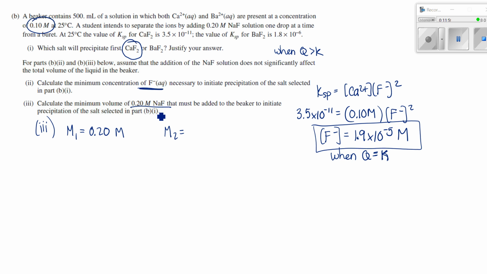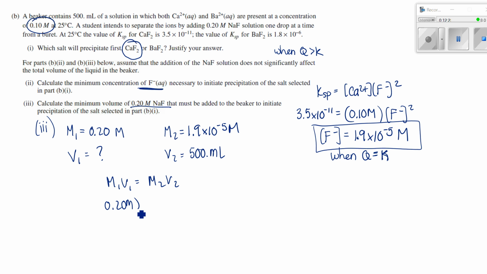We're going to add some fluoride to our 500 mL solution until we reach the final concentration of 1.9 times 10 to the negative fifth molar. And then the question is, what volume is needed in order to do that? So it looks like a dilution problem. It's an M1V1 equals M2V2. And your M1 is 0.2 molar. Your V1, that is your unknown.